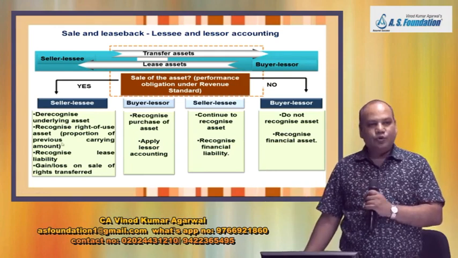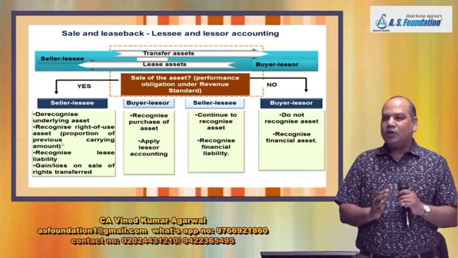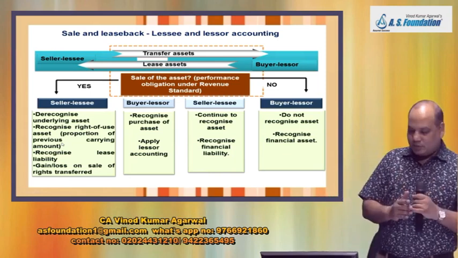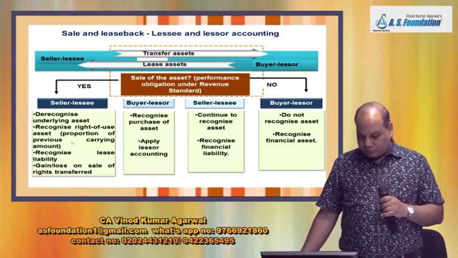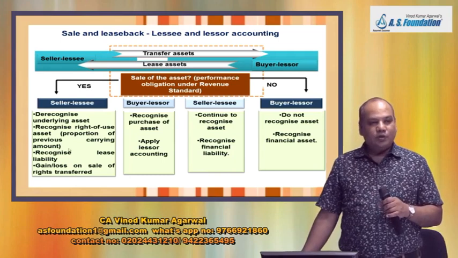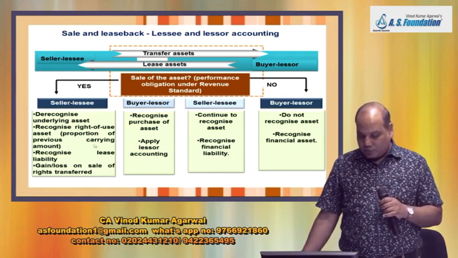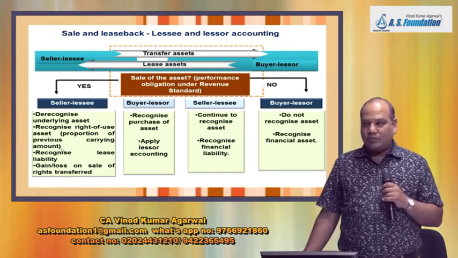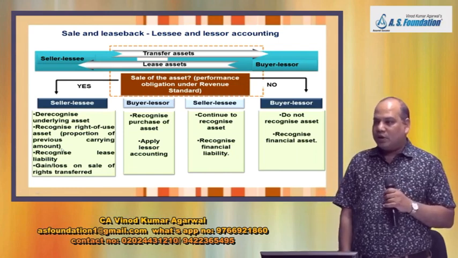Recognize the right of use asset. The right of use asset account will be debited. But there is a formula for calculating that: a proportion of the previous carrying amount.